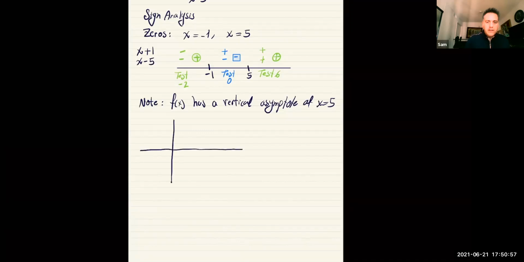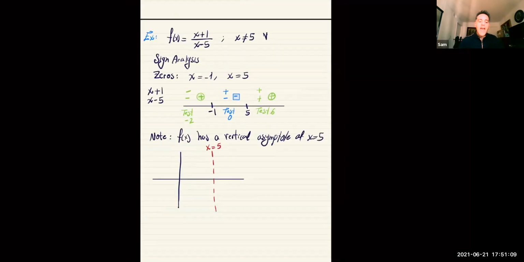So very easy, guys. Very easy. You don't have to graph the whole function, but at x equal to 5, there is a vertical asymptote. Right there, x equal to 5. Now check this out. On the left of 5, the function is negative, so it's going to go to negative infinity, like that.